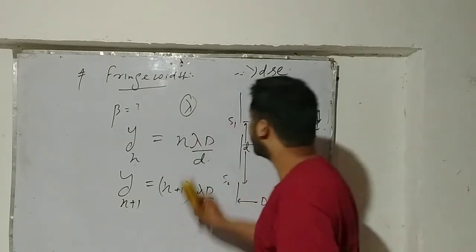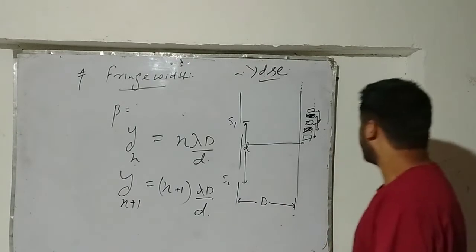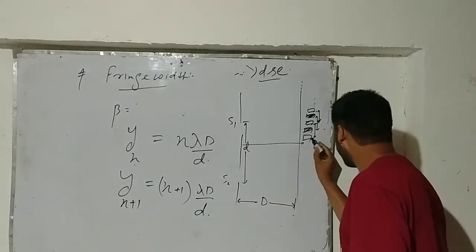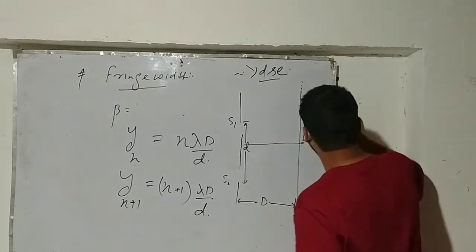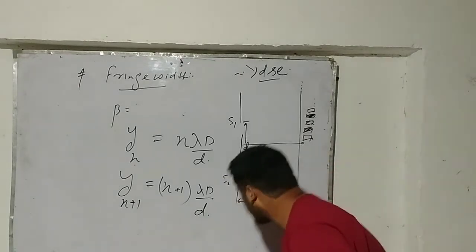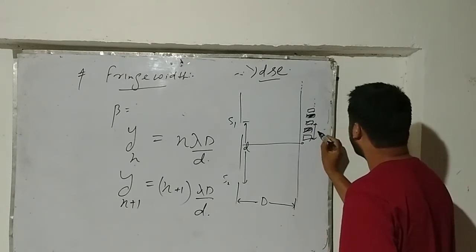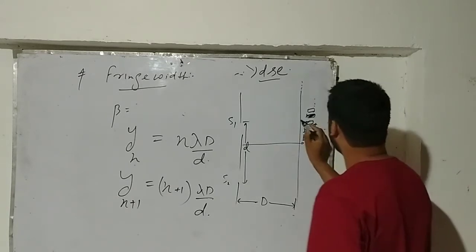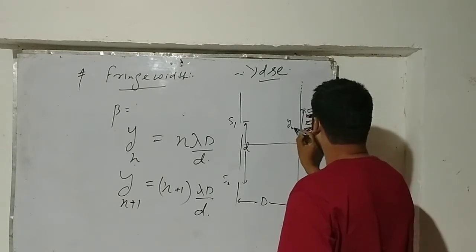And how do we define the fringe width? Fringe width is defined as the difference between the positions of two consecutive bright fringes. For the sake of argument, I take one bright fringe here, it will be yn, and the next bright fringe will be yn plus 1.